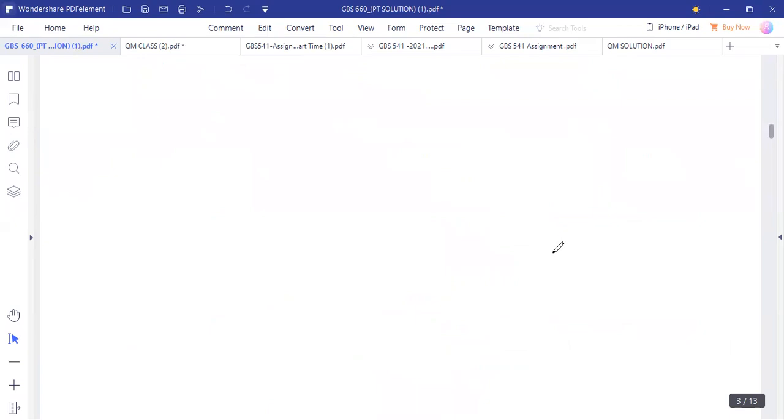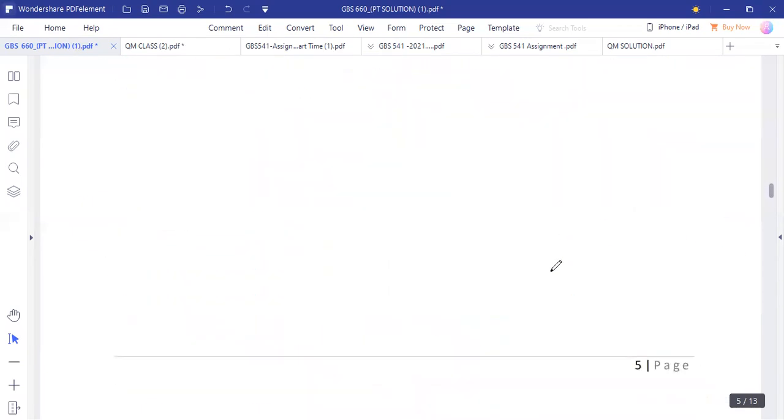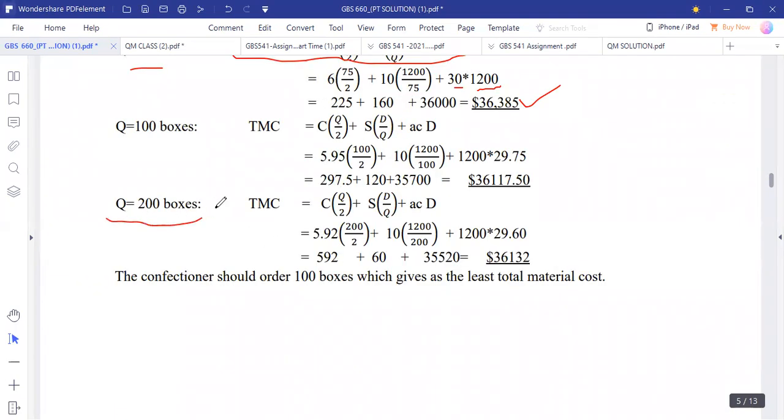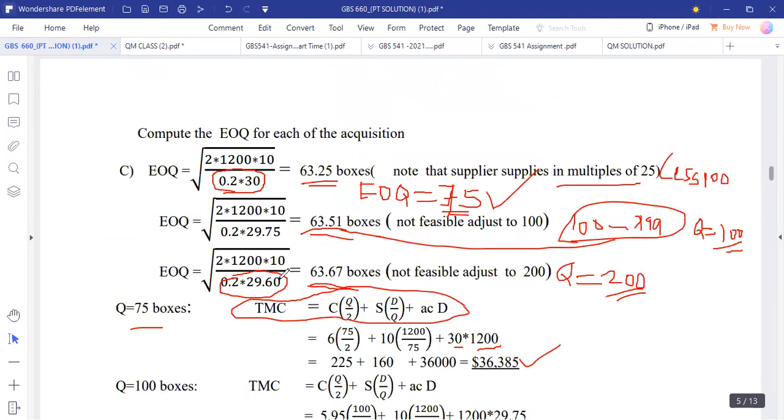All right, so we're getting down to the total material cost for this one. Total material cost at Q200: we're supposed to substitute here the carrying cost, where the 5.92 came from, which is 0.2 multiplied by 29.60. The carrying cost is always a percentage of the unit price.